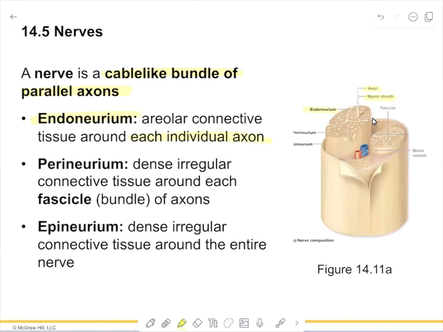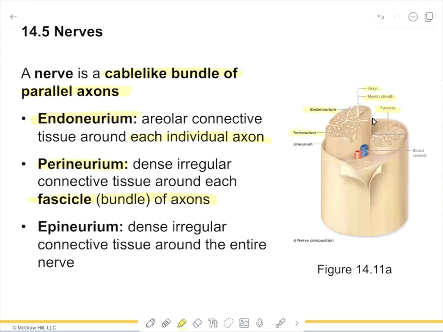Within this region is a group of axons which organize into a fascicle. A fascicle is a bundle of axons. Recall that you had the term fascicle in muscles, and surrounding that fascicle is a perineurium, which is the connective tissue layer around it.